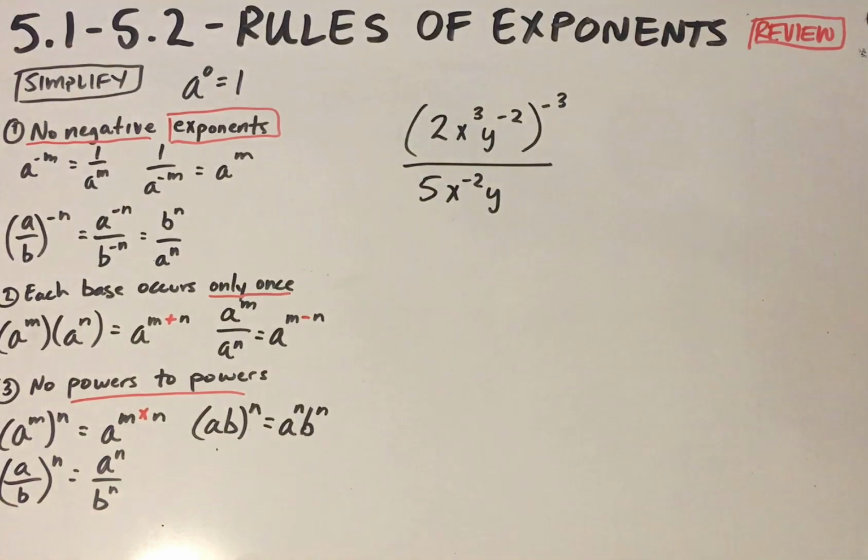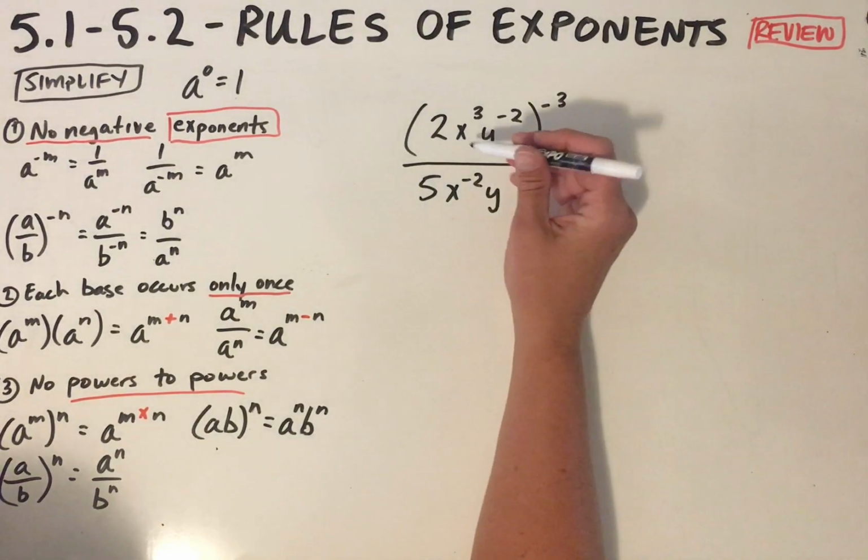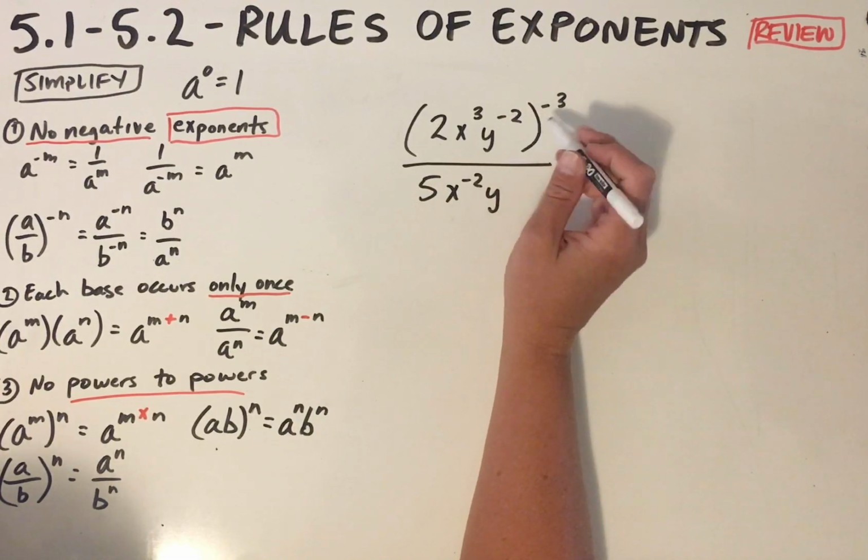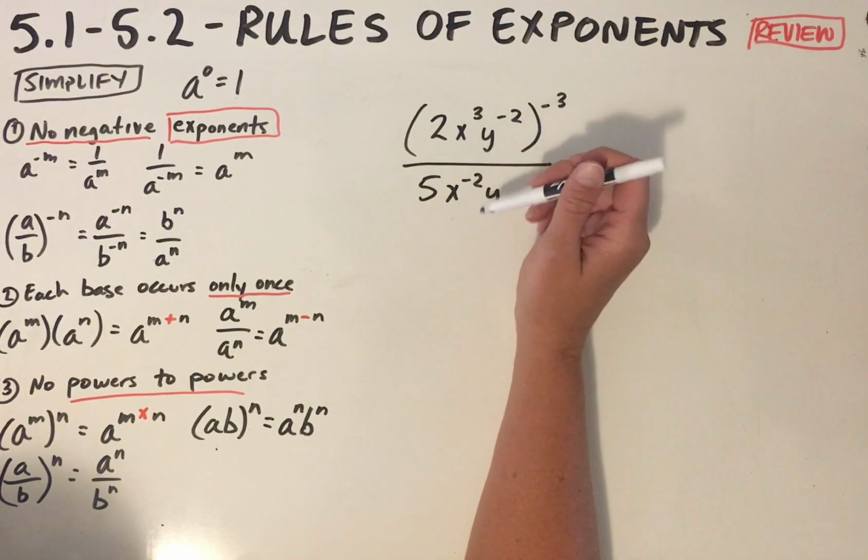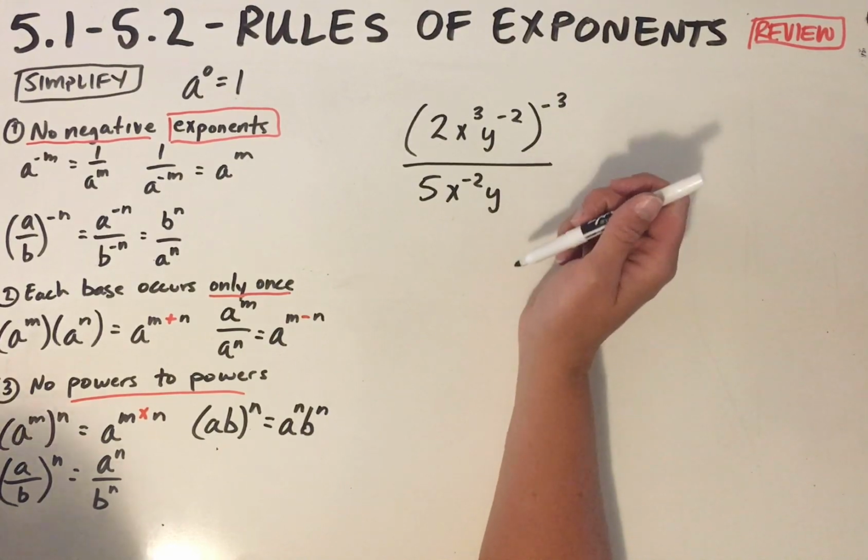Okay, well, how would I simplify this? There's all sorts of things wrong here. I see x's twice, I see y's twice, I see powers being raised to powers, and I see negative exponents.